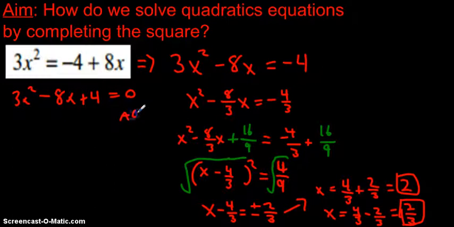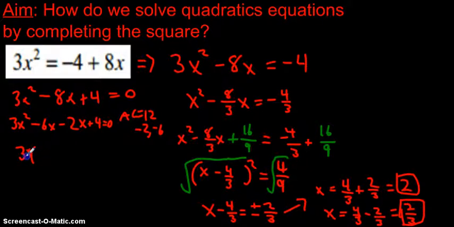AC is equal to 12. So we need two numbers that multiply to be 12 but add to be negative 8. So I guess negative 2 and negative 6. So that's negative 6x, oh sorry, not plus, minus 2x plus 4 equals 0.